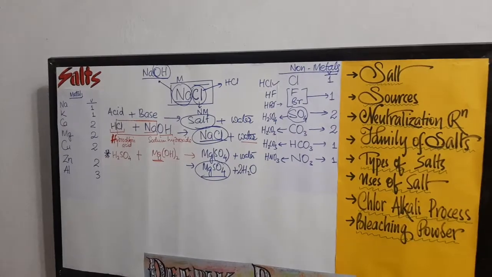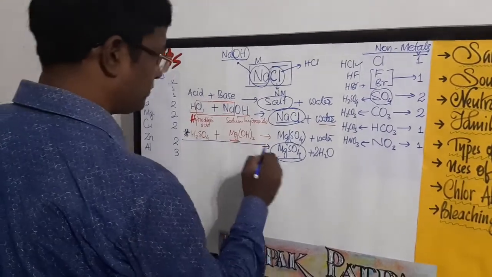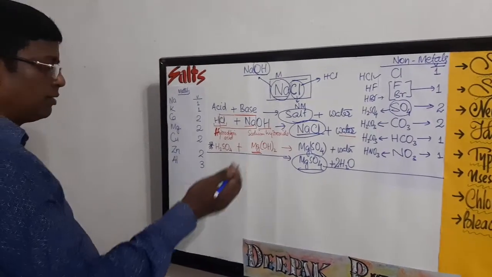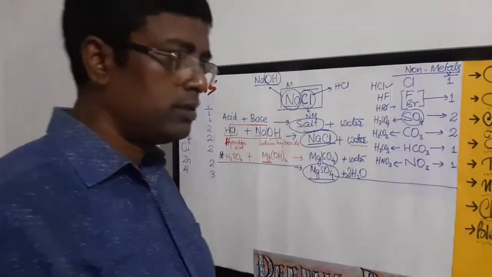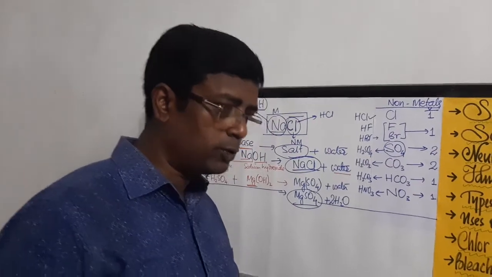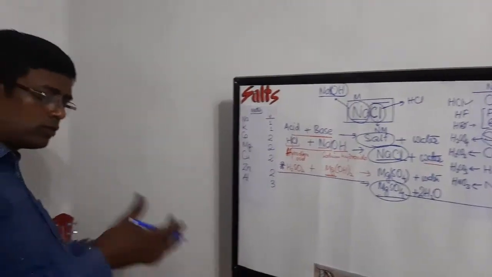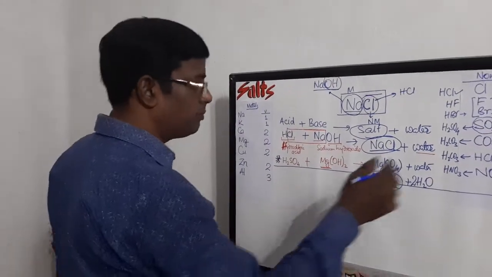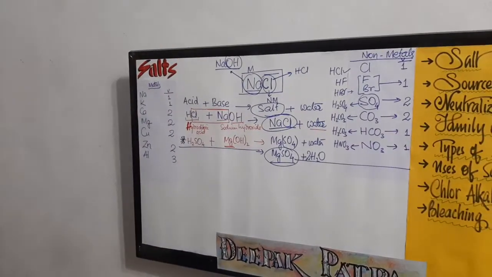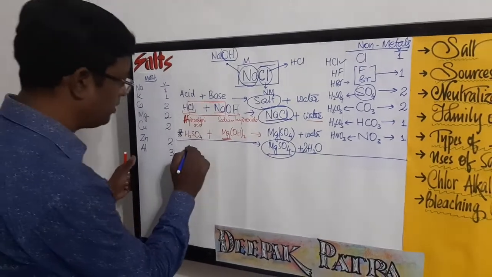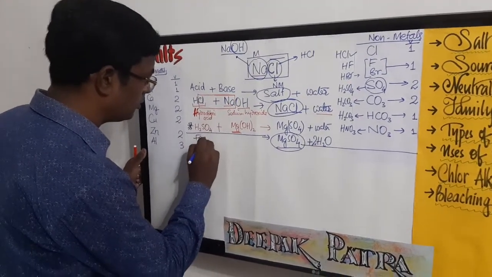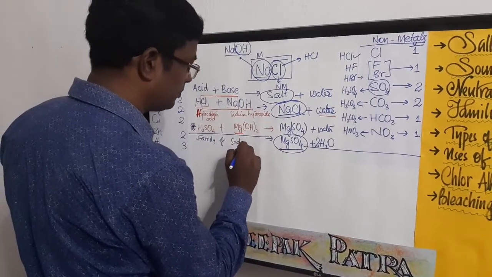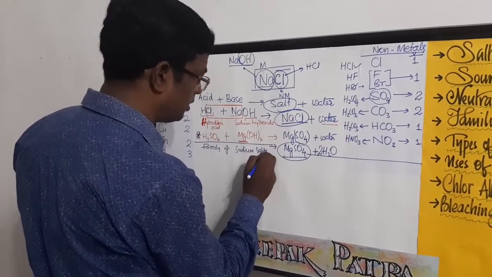Now next I will introduce you to the family of salt. First, what do you understand by family of salt? A group of salts belonging to a particular common ion is called a family of salt. For example, let me introduce you to a family of sodium salt.